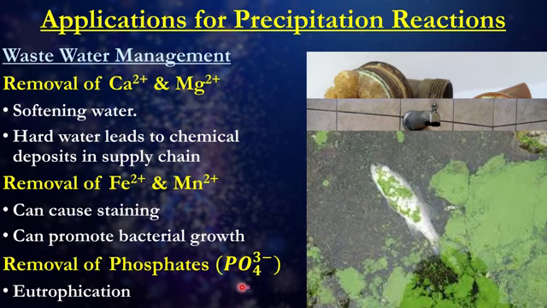That's why we need to get rid of phosphates. If we remove phosphates from our rivers, one, we prevent eutrophication, but two, we don't get that ugly looking green algae in water.